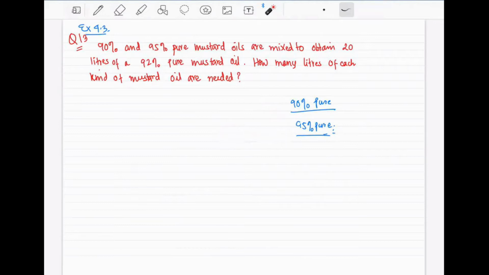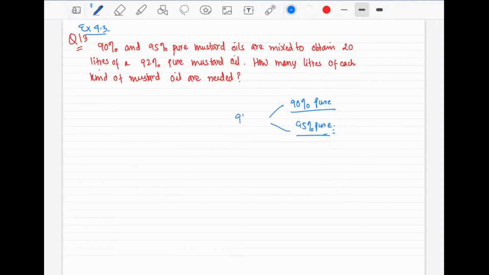We don't know how much of the 90% pure and 95% pure we are taking in order to make this 20 liters. So we combine some quantity of 90% pure mustard oil and 95% pure mustard oil, and we obtain 20 liters. And what's the quality of the mustard oil that we obtain after we mix them up?